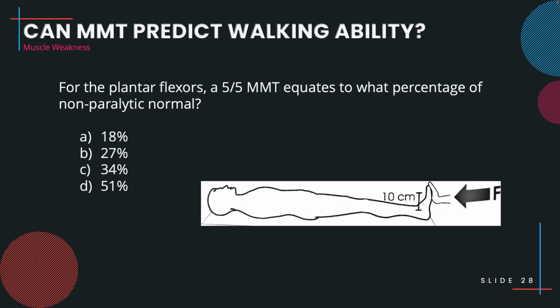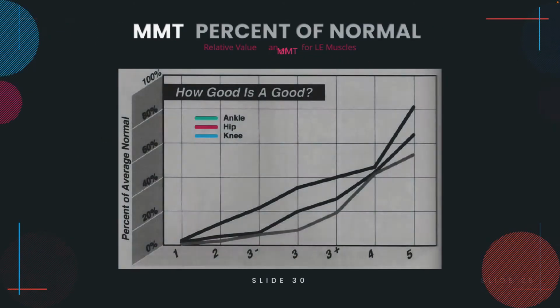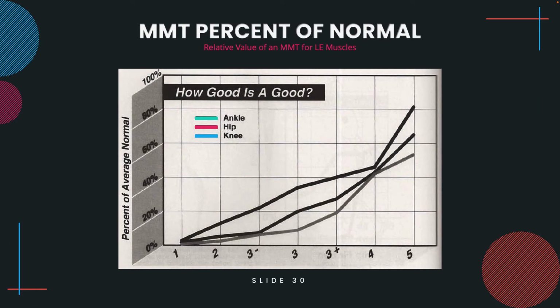And then we'll call this a 5 out of 5 MMT. It's a break test. So on a break test for the plantar flexors, what percentage do you think a 5 out of 5 would take compared to the maximal contraction of a non-paralytic normal? On this one, it's even worse. The answer is A, 18%. Now here's a chart that looks at how we actually test manual muscle testing for the ankle.